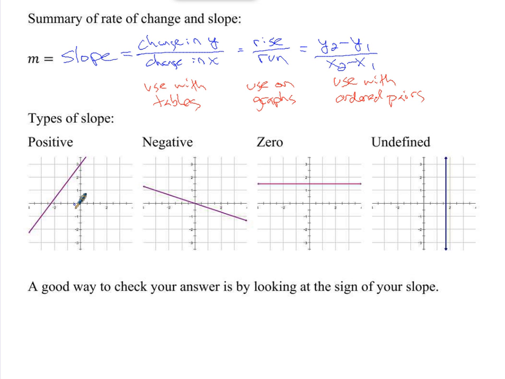For a negative slope, we're having to go down first, and then we're going to the right. Down is negative, and then right is positive. And it doesn't matter to me which you do first. If you want to go up always, and then decide if you're going left or right, that's fine. If you want to go up or down first always, and then go to the right, that's fine.